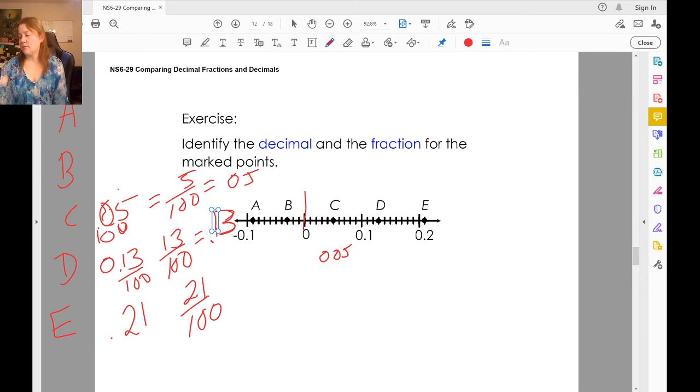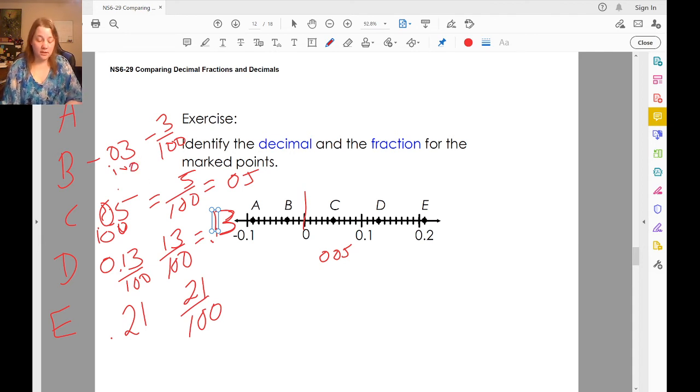B and A are going to be the same thing. They're just going to be negatives. So when I go to B, I start at 0, going to 0.1, which means everything's going to be 0.0 something. 0.01, 0.02, that's going to be negative 0.03, or negative 3/100ths when I use my hot summer day, which I'm running out of room to show.